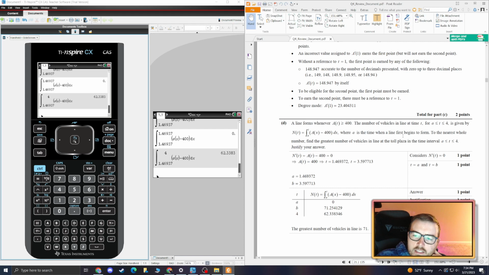I think that's key phrasing. A is the time when a line first begins to form. So a line forms whenever A of t is greater than 400. So A of t is going to be greater than 400.